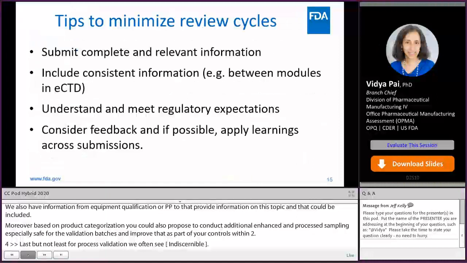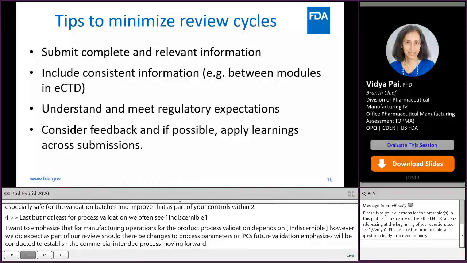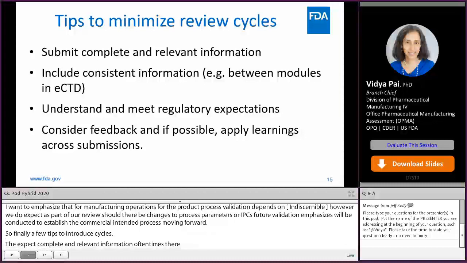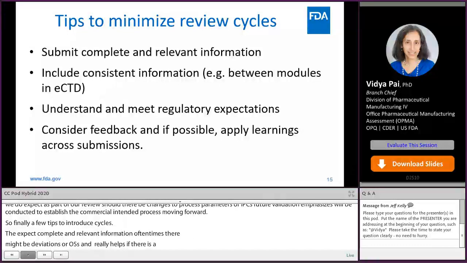So finally, a few tips here to minimize review cycles. We expect complete and relevant information. Oftentimes there might be deviations or OOSs, and it really helps if there be a summary or a synopsis of the steps taken to address or the impact assessment for such events.